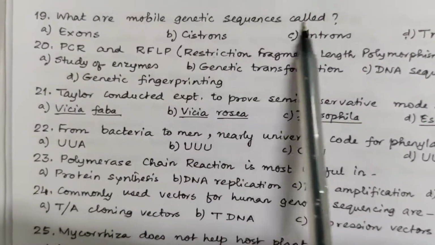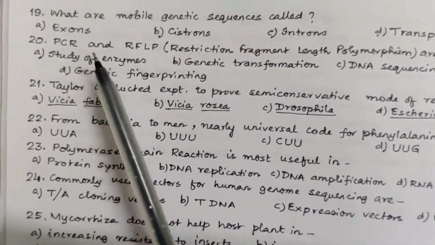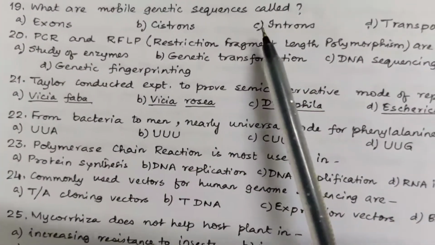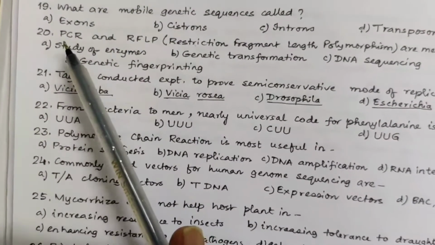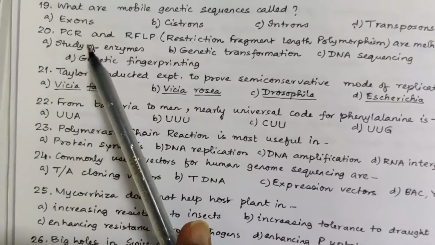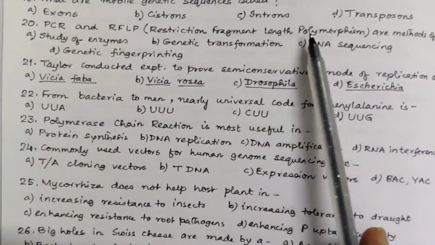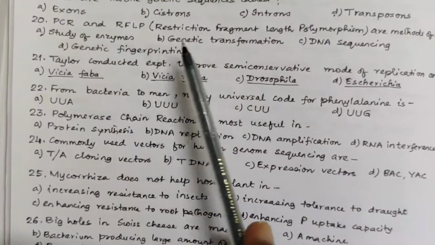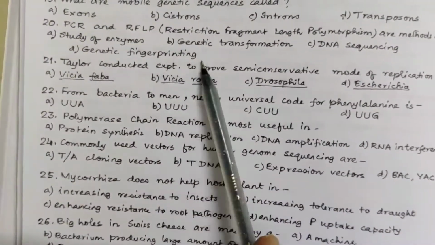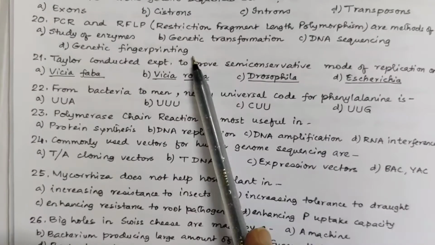What are the mobile genetic sequence called? When it jumps from one to another, it is known as transposons. PCR and RFLP. These are methods of genetic fingerprinting.